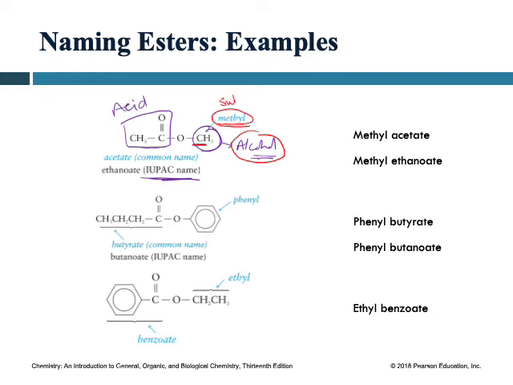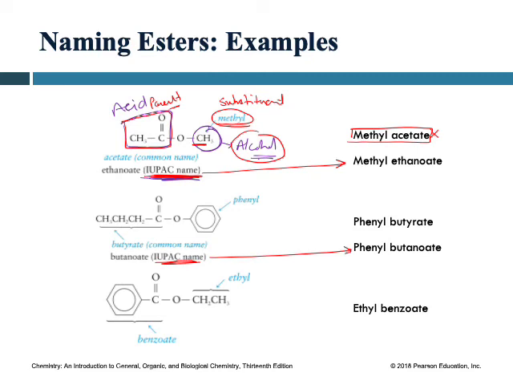This acts as a substituent, and then this acid part we treat as the parent chain. So we are not focusing on these because these are the common names, we are just focusing on the IUPAC name, which is this. This is also an IUPAC name. So let's see how we're going to make an IUPAC name.